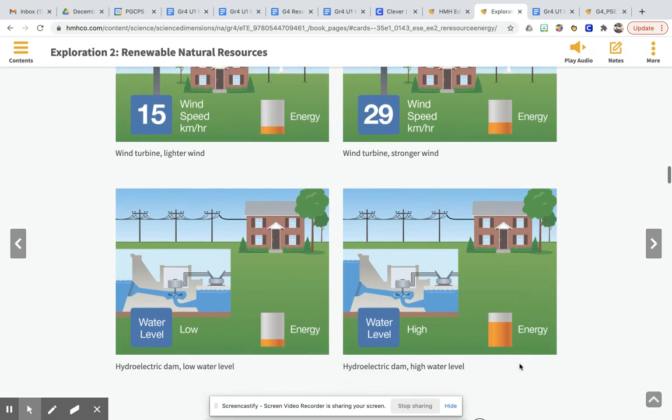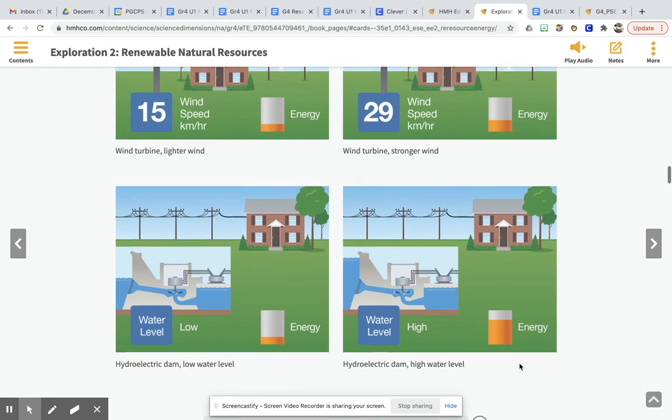Same thing here. So here we are talking about the hydroelectric dam. And so here we've got our water level, and our water level here is low, and here our water level is high. And so because this energy source runs on water, the higher the water level, the higher the energy.